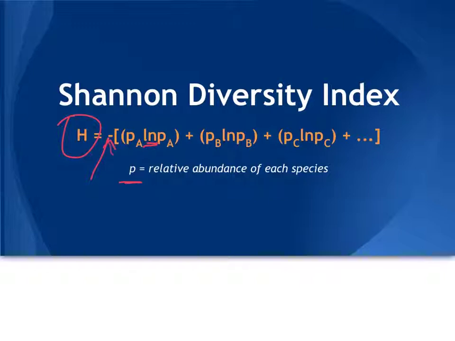We do that for species A, and the same thing for species B and C and so forth. And we sum all of those quantities together to get the total Shannon diversity index.